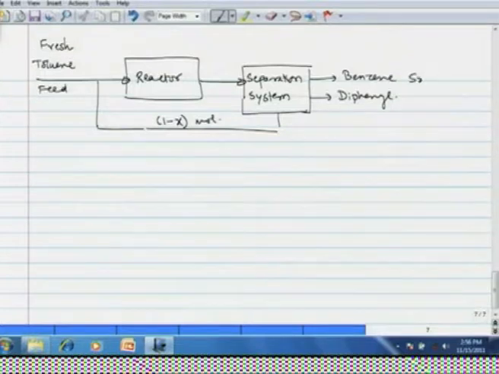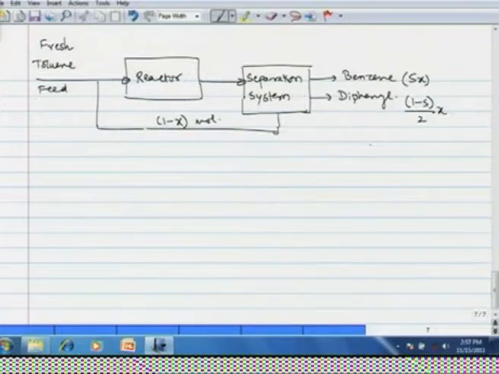The benzene produced is S into X, while diphenyl produced is (1 minus S) by 2 into X. So, we can write the process flows in a simple flow sheet using selectivity as shown.